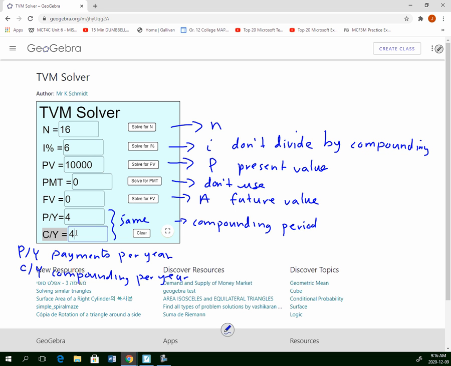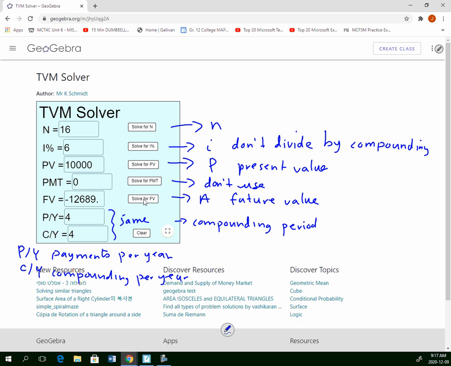And I'm getting my interest 4 times a year, 16 times over 4 years. My interest rate was 6%. I don't have to divide that because the calculator will do what I say here, right? So whatever interest rate, it will divide it by whatever this is. I'm investing $10,000 and I want to find my amount at the end, future value. So I just go to solve for future value and I get my answer.